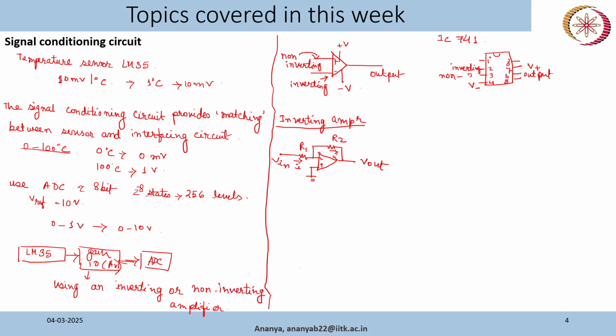We can use basic KCL and KVL to solve this problem. What is the relation between input and output? So this is virtually ground, so here we can use KVL. We can write that current I is equal to V in by R1.